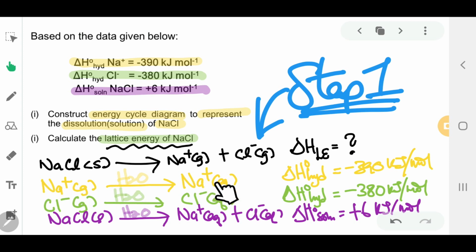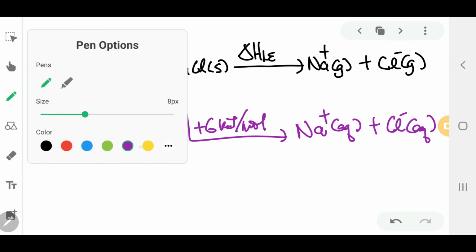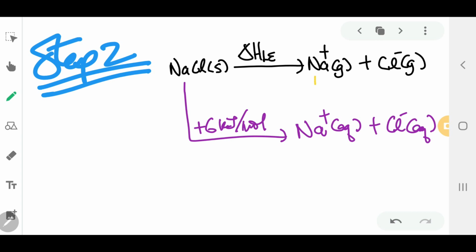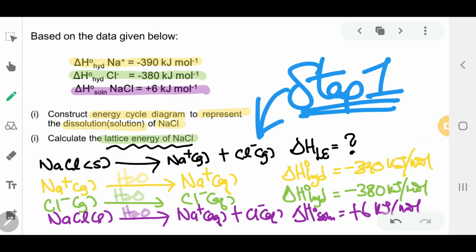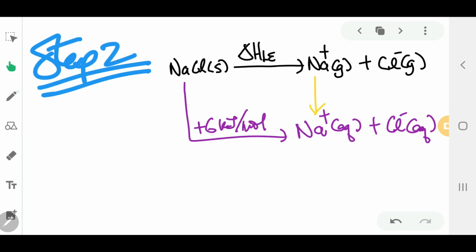So gas to aqueous, the one in yellow, that is the hydration of sodium plus. So we're going to use yellow. So the value of that is about negative 390. So you put negative 390 kilojoule per mole.